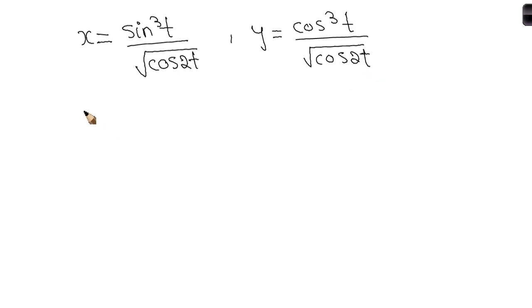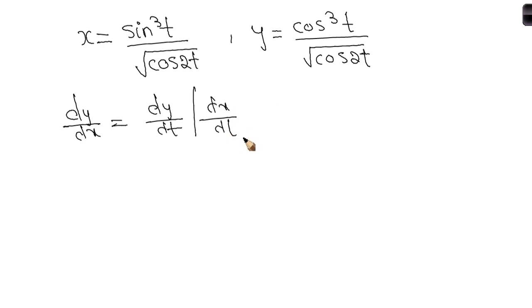What is dy by dx? We know dy by dx is the same as dy by dt upon dx by dt. So I will find dy by dt and dx by dt and solve for this. So let us solve for dy by dt.